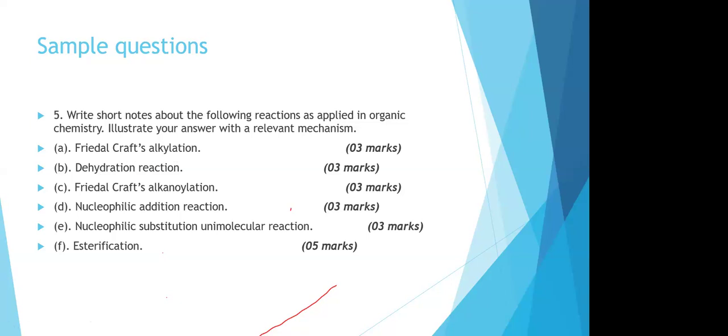That one is a dehydration reaction. Then Friedel-Crafts alkylation or acylation. They may use a term that may be new to you, but acylation is where we are adding acid halides to benzene. So you should not get confused along the way. Lastly, we have esterification. We shall find out about it when we deal with alcohols and carboxylic acids, as this is the reaction between alcohols and carboxylic acids, and then we shall outline a mechanism later.